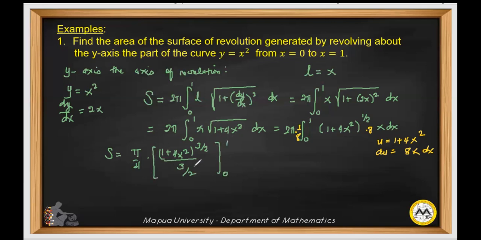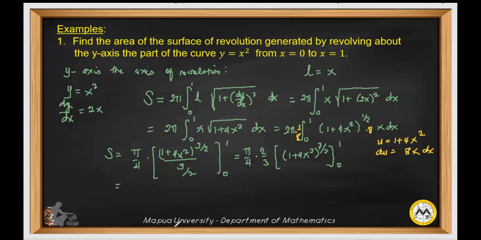Now the reciprocal of 3 over 2 is 2 over 3. So we can simply have pi over 4 times 2 over 3. And we can now evaluate 1 plus 4x squared raised to 3 over 2 from 0 to 1.